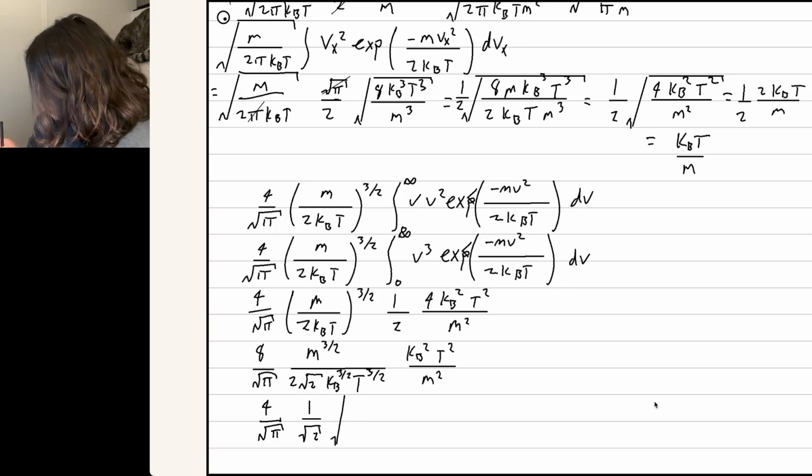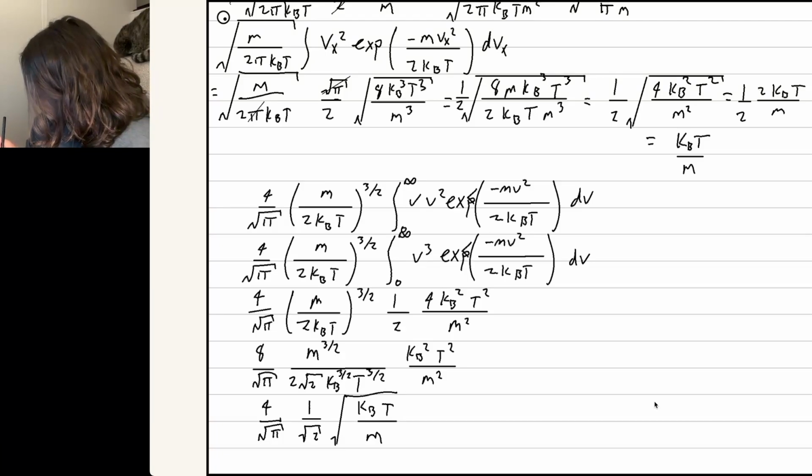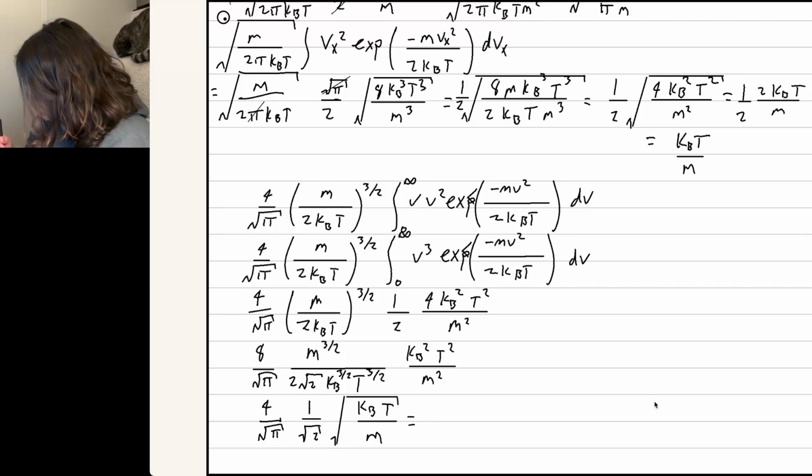And then you have the square root of kbt up top and m on the bottom. You can throw everything into the one radical.